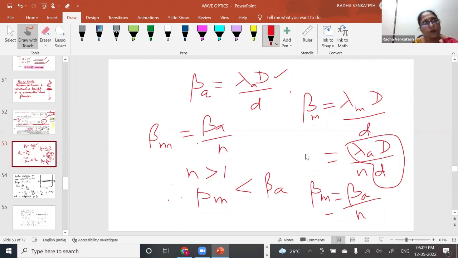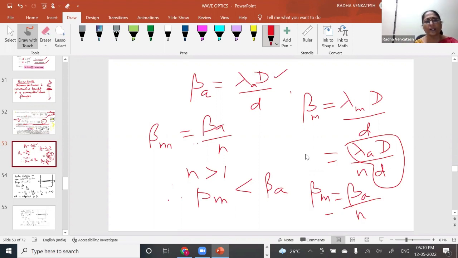These are the 3 physical quantities that you will associate with any wave. Of these 3, frequency will not change. Why will frequency not change? Because it is a property of the source. Whether you keep it on the bulb or in water, it's going to give only that particular wavelength, that particular color, so only that particular frequency.